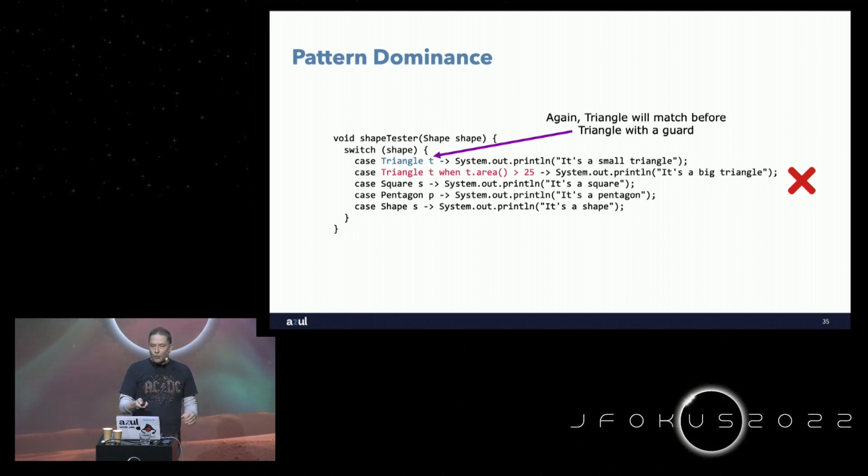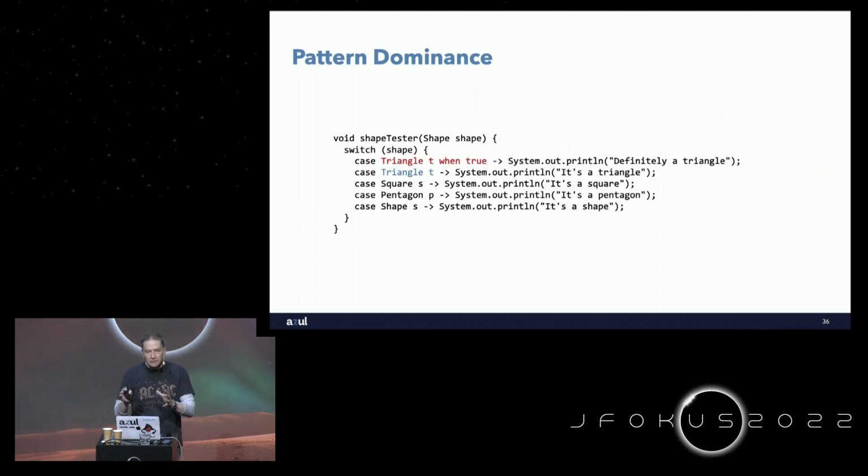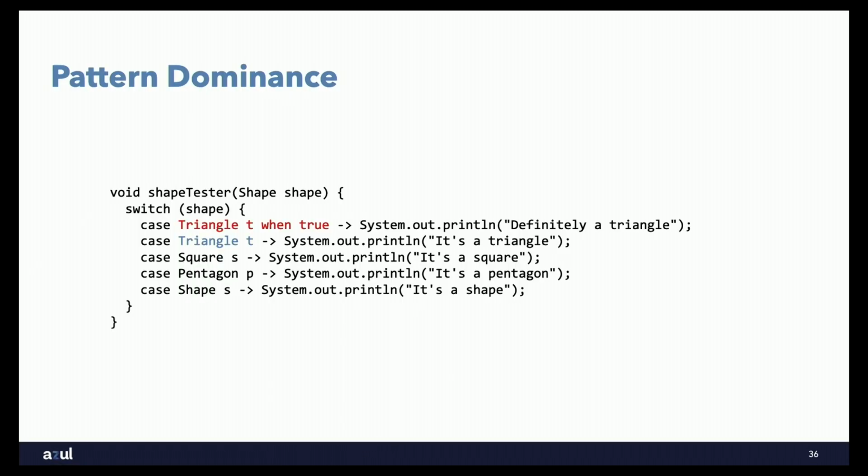That gets a little more subtle when we deal with guards, and we could do something like this. Now, I don't know why you would do this, but you could. If you said case triangle T when true, and you can do that because the right-hand side is just an evaluation of a Boolean, so if you simply say true, it's always going to be the case.